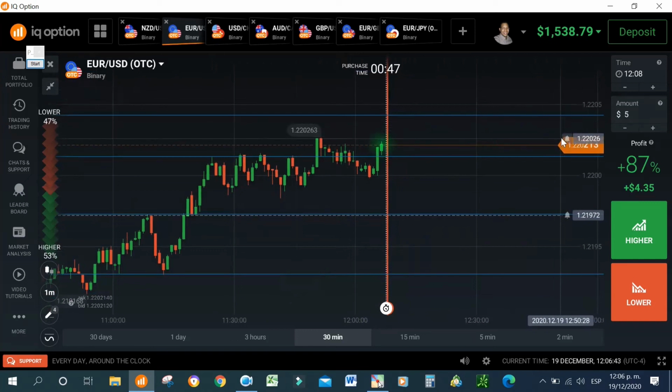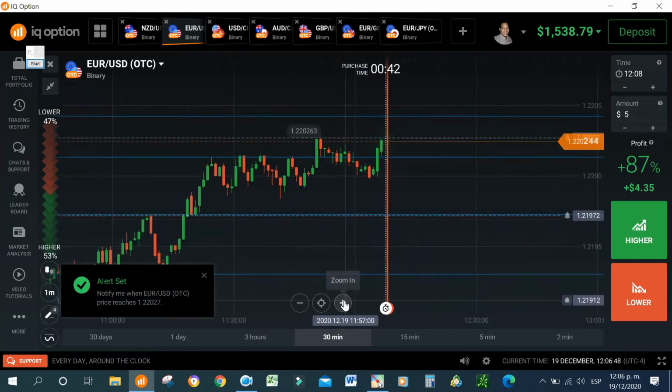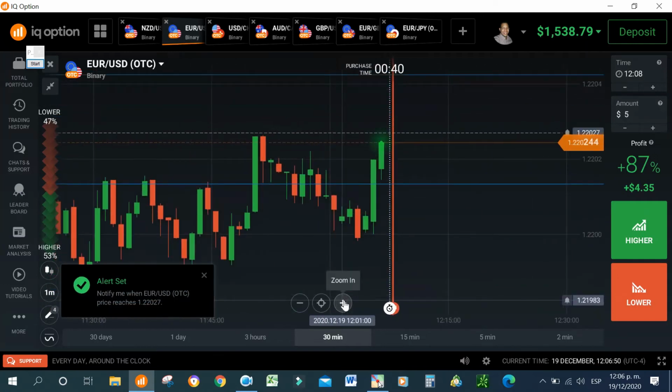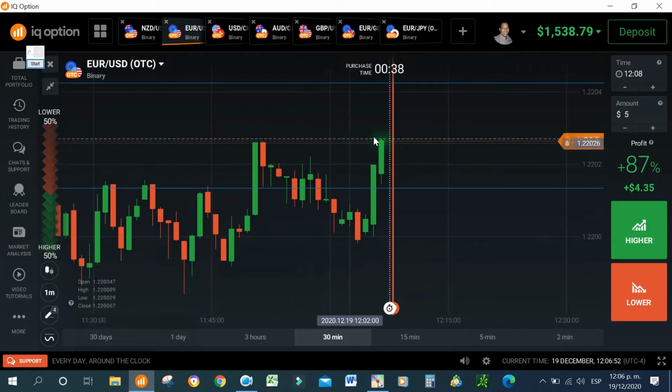No, let me set an alert just on this level to see if the price reaches and breaks up. If the price breaks up above this level, we can make another trade.